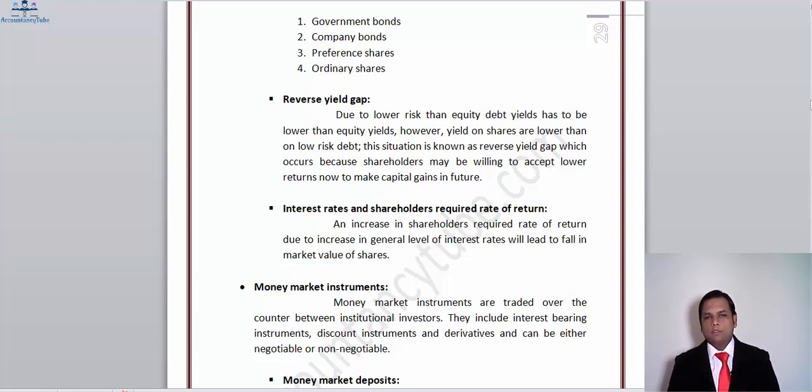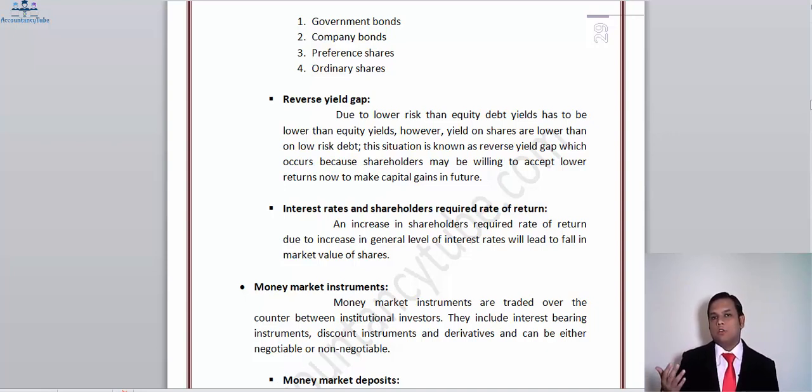Now, interest rates have an impact on all sorts of investors, including equity investors. If the interest rate starts to increase, I'm talking about the basic interest rate set by the central bank, the expectation of the shareholders will also start to increase, because they have invested in a riskier instrument, a riskier equity instrument.